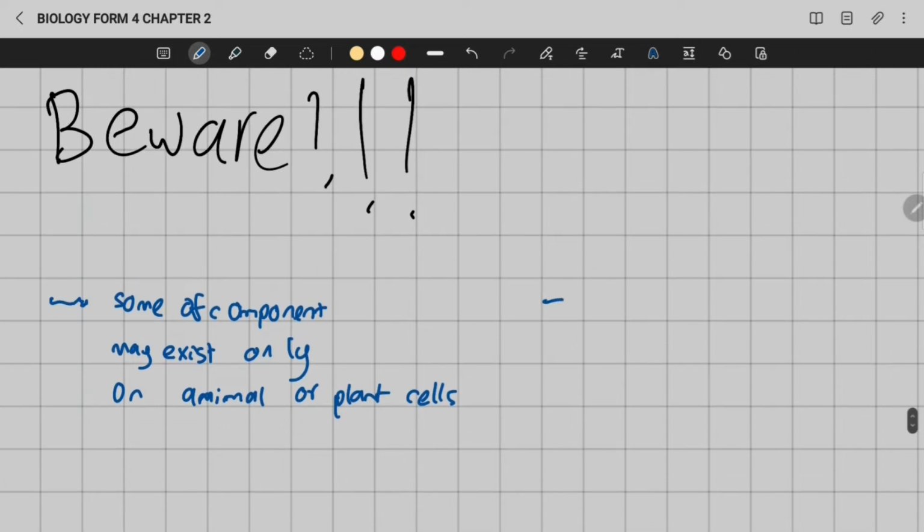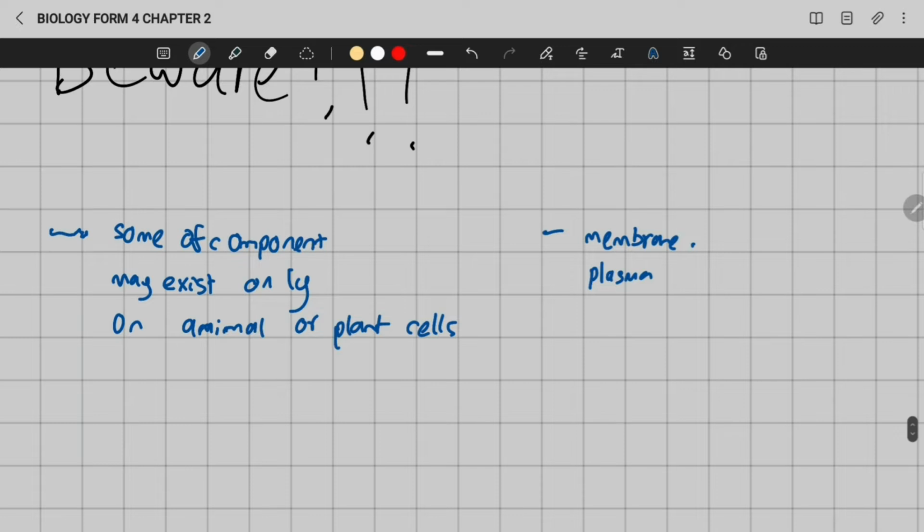And the second thing is, you should know the usage of the word membrane. Take note that not only plasma membrane exists in our cell study, but the components of the cell themselves also have their own membrane, in which some of them have a double membrane or two layers of membrane, while some of the others only have one layer of the membrane.